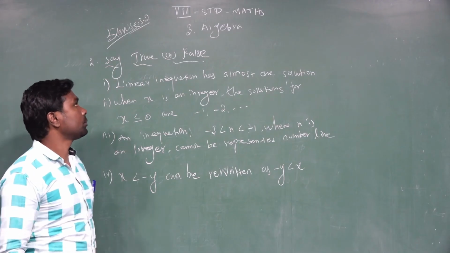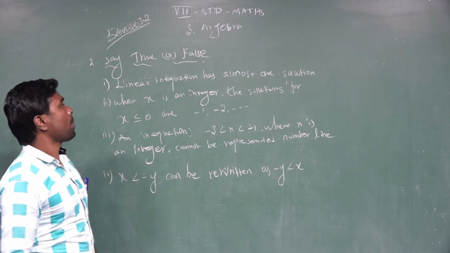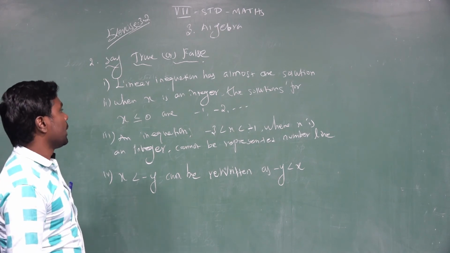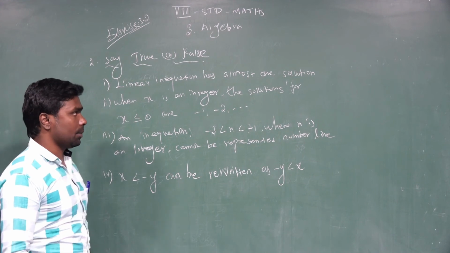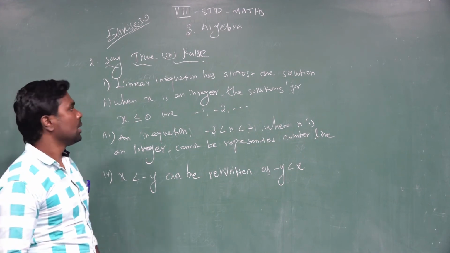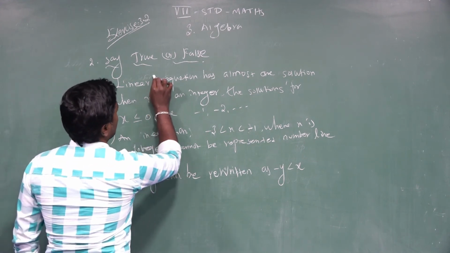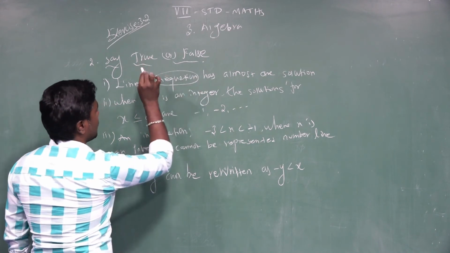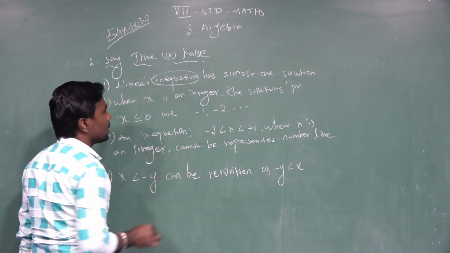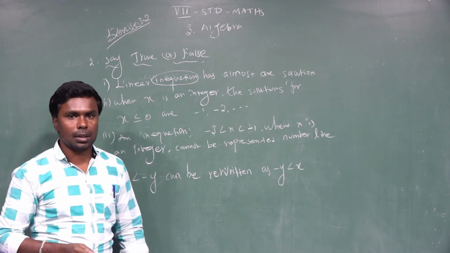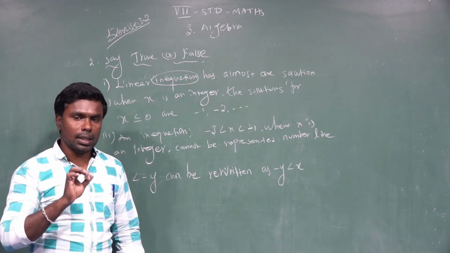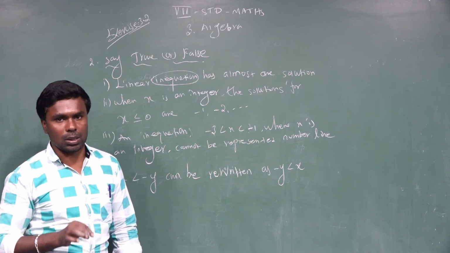Second one. Say true or false. Roman number 1. A linear inequation has at most one solution. They represent it as an inequation. A linear equation has only one solution, we know that.